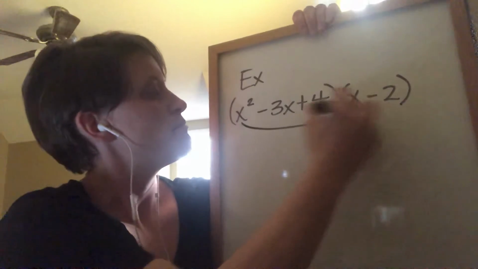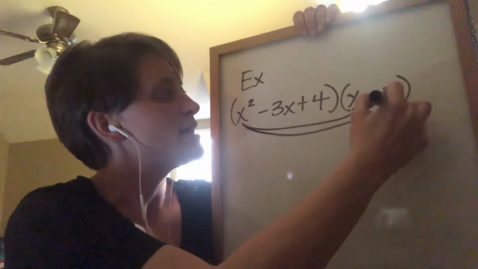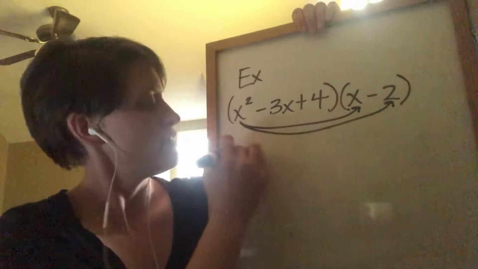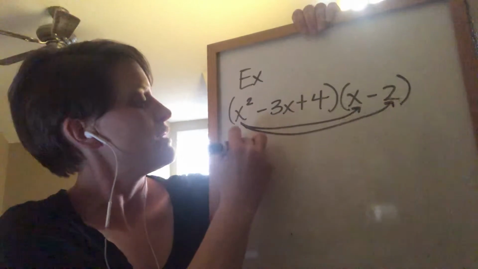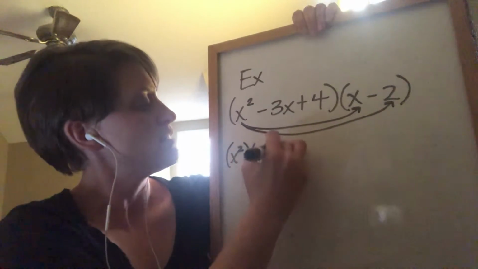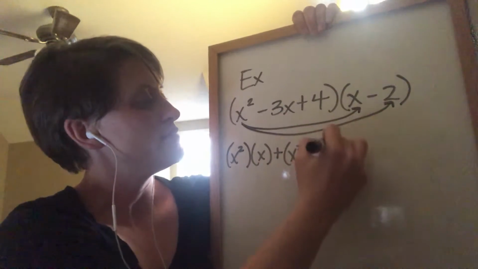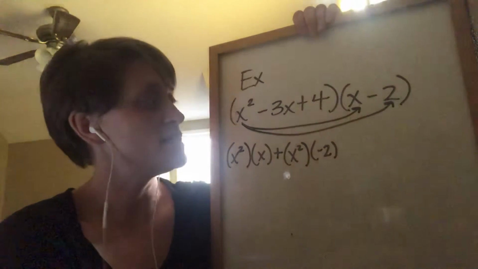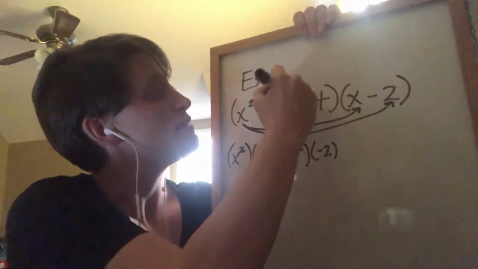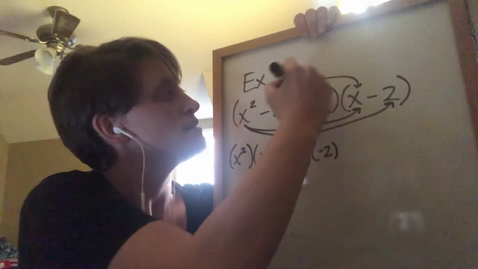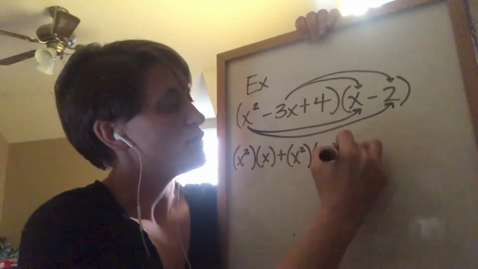We're going to start by multiplying everything in that second polynomial by x squared. And let's see what we get. We have x squared times x, don't forget the plus sign, x squared times negative 2. Okay, so that does it for x squared. Now we'll do the same thing for minus 3x. So don't forget your plus sign.